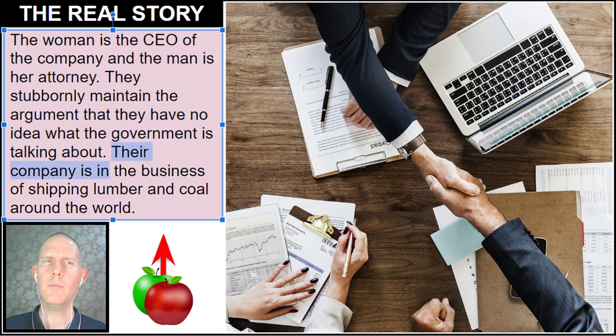And they say, well, our company is in the business of shipping lumber and coal. Lumber is just wood from trees, right? And coal is the black stuff that you dig out of the ground, and it's great for fuel, kind of dirty. All right? So repeat after me. The woman is the CEO of the company, and the man is her attorney.